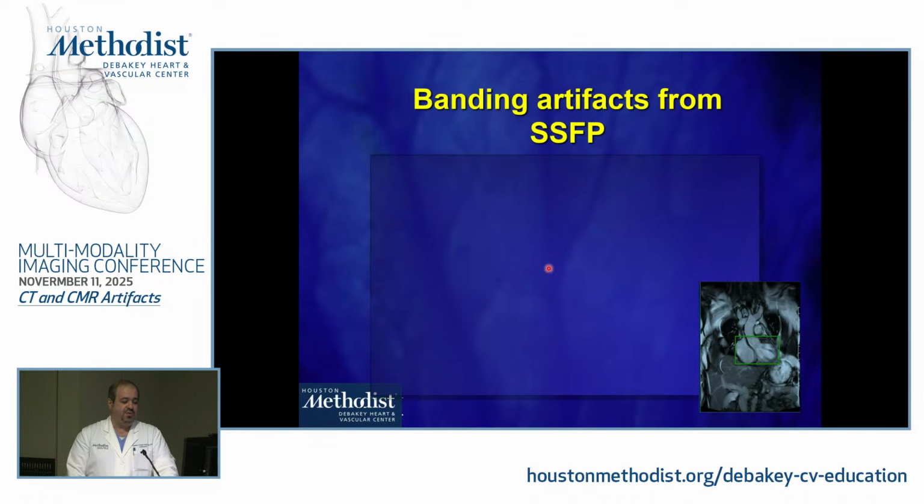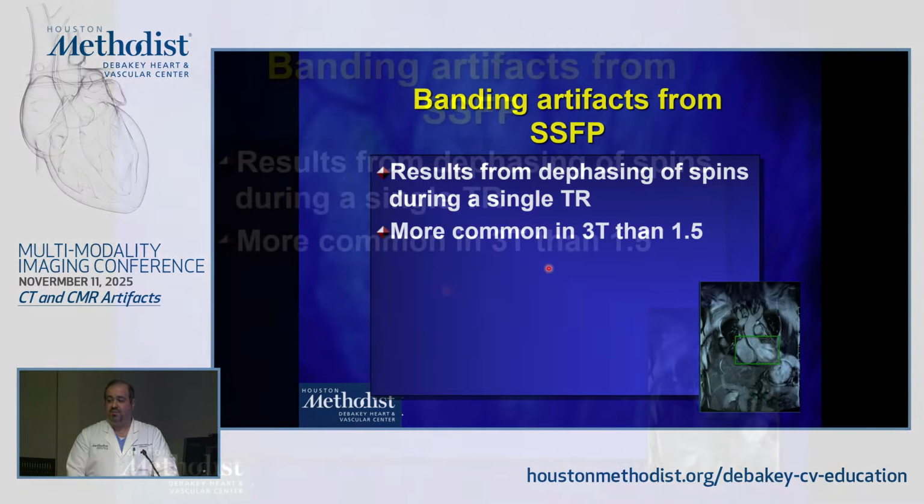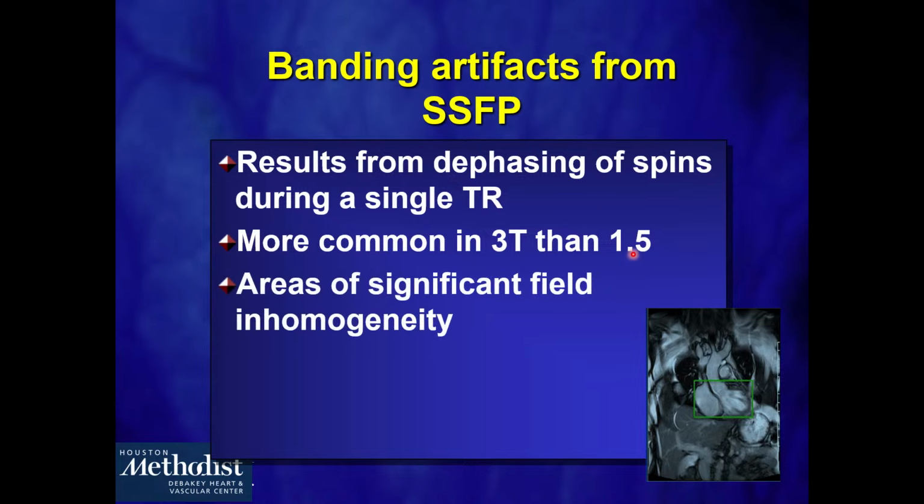The steady state free precession is the main workhorse where we do our cardiac MRI images. We are prone to artifacts because these protons are being continuously flipped in opposite directions and are also repeating themselves. That's how they generate an image, because of the resonance that they generate. What happens in those artifacts is that the spinning protons start to become out of phase.